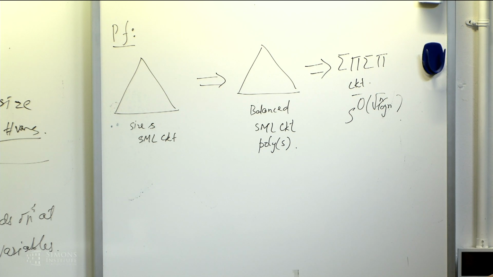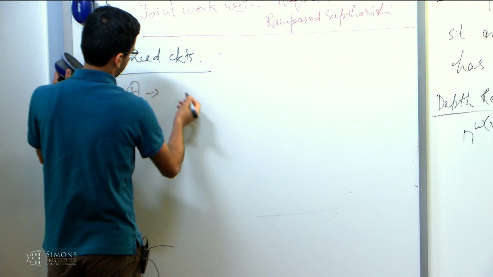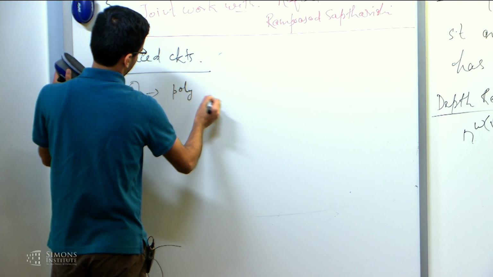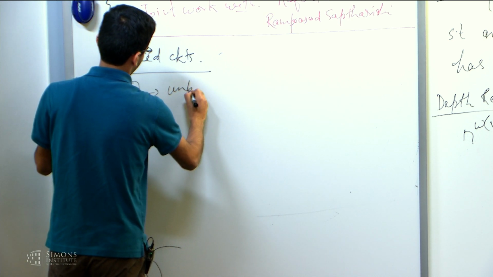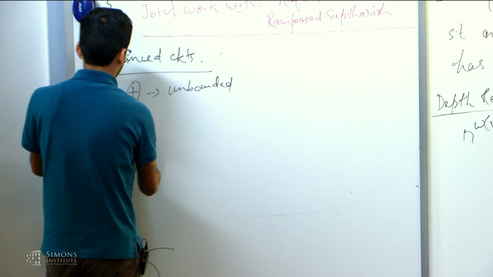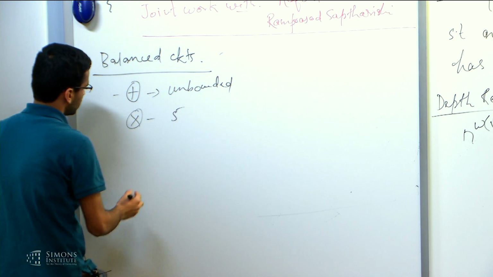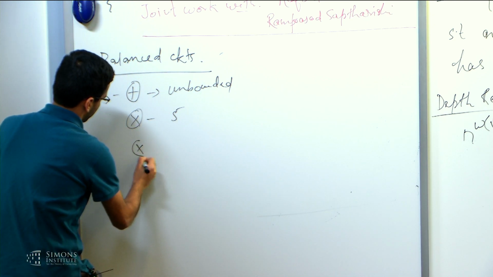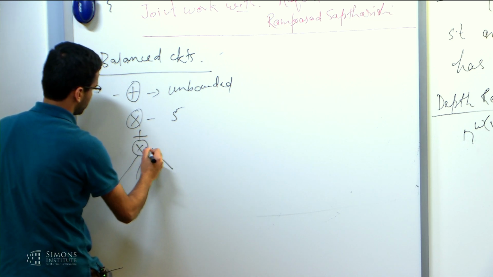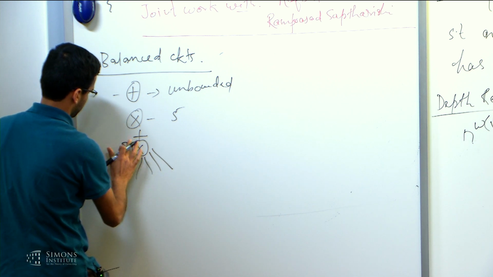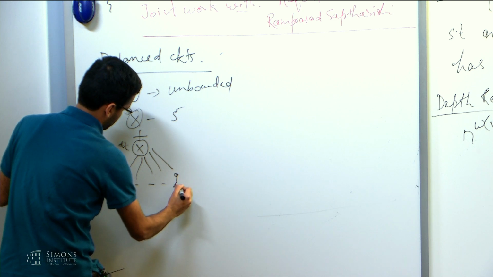So the balanced circuit will have the following property. The sum fan-in you could think of as unbounded. The product fan-ins will be bounded by a constant, phi, for instance. And every product gate will have the following property. It will have children, so let's say this is U, and the children are G1 up to Gphi.